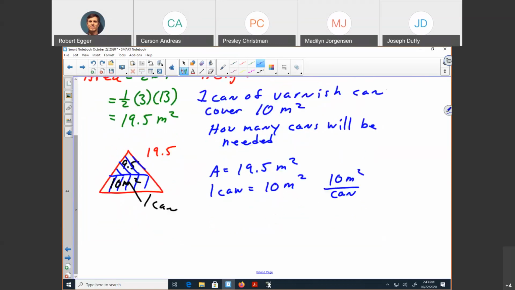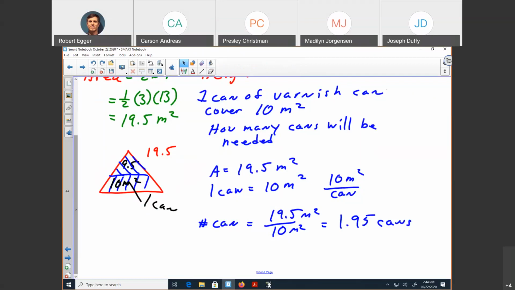Okay, I make this a lot harder than it is. I make this way too complicated. Once you get those, you know to divide the area by 10 meters squared per can. That should be 19.5 over 10, which is 1.95.